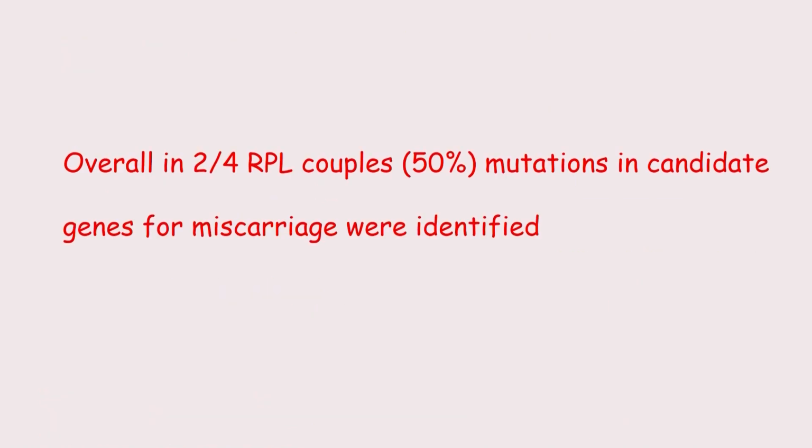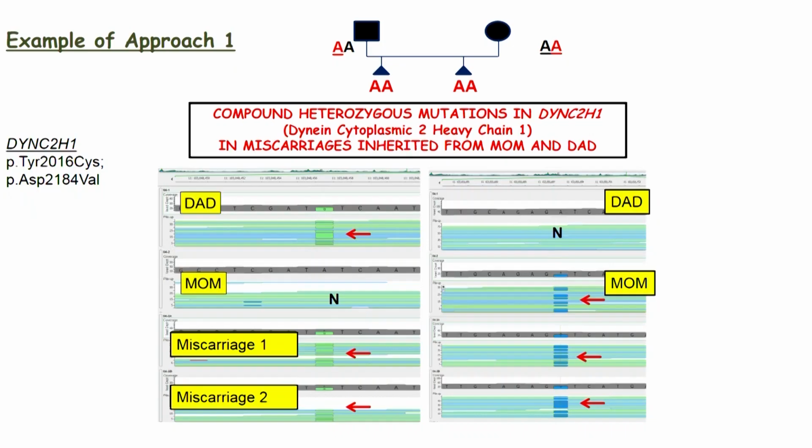So overall, although this is a very small pilot study of 4 recurrent pregnancy loss couples, 50% of them had mutations in candidate genes that could be associated with recurrent miscarriage. So this is the result of approach 1 in a family where everybody was sequenced, like here. And the gene that was identified as a candidate is called dynein cytoplasmic 2 heavy chain 1 gene.